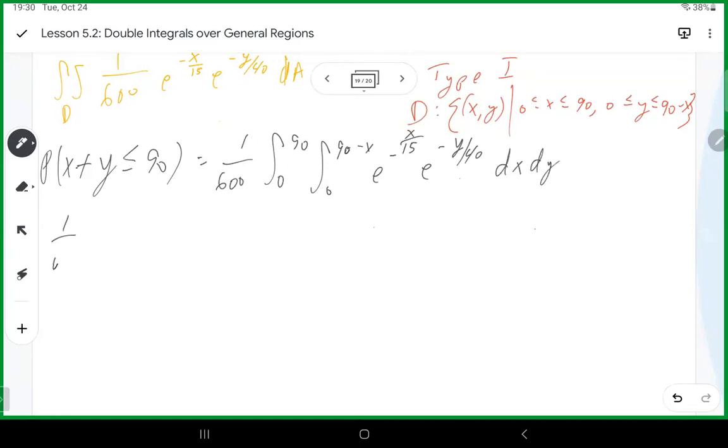So then 1 over 600 again, 0 to 90, and 0 to 90 minus x.